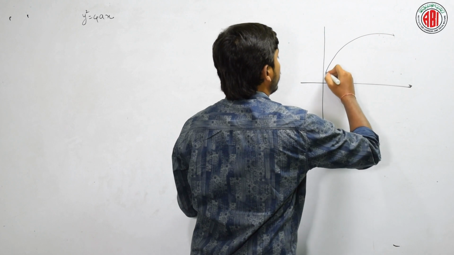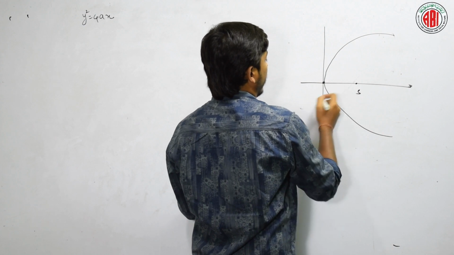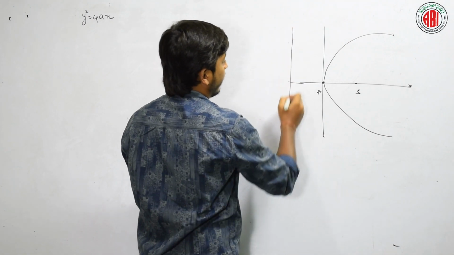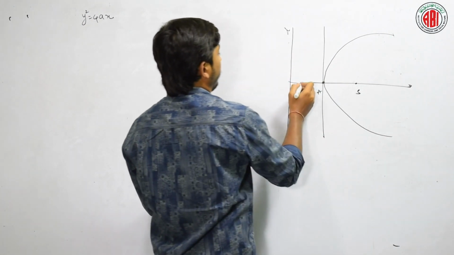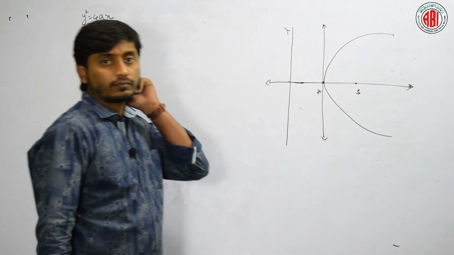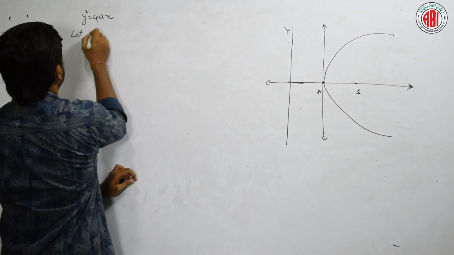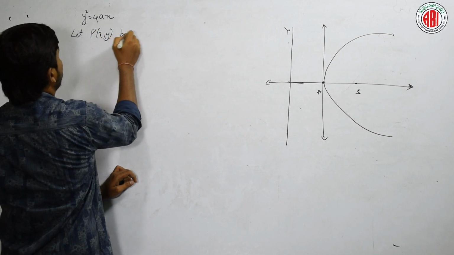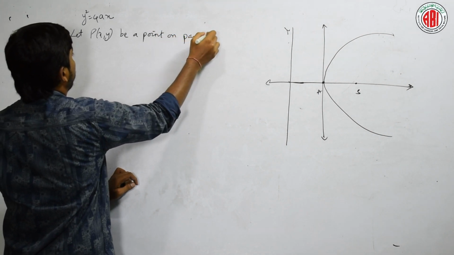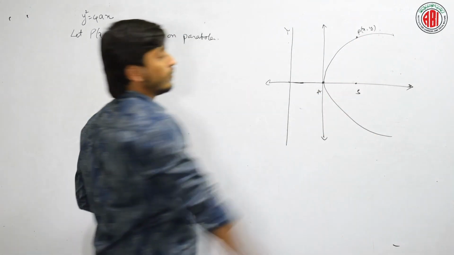First we will assume a focus S, a vertex A and one directrix L. Let us say this is the x axis and this is the y axis. First write: let P of x comma y be a point on the parabola.